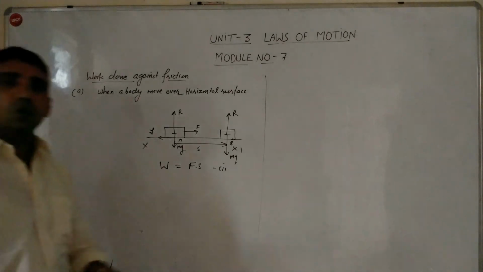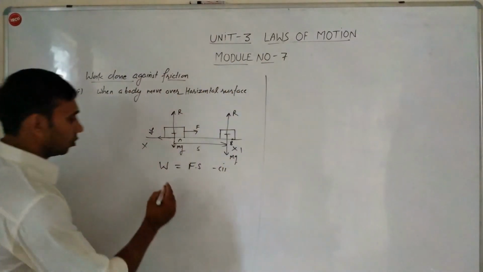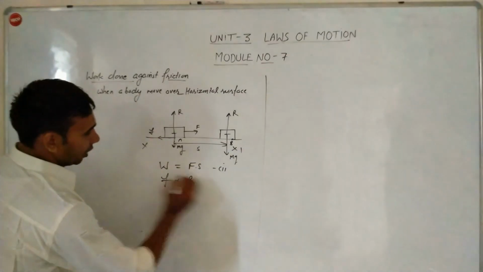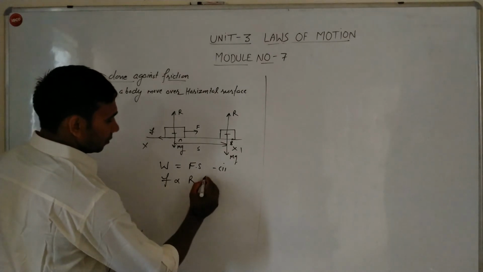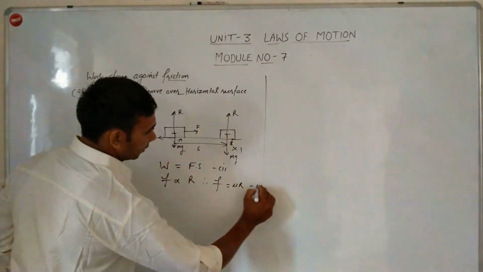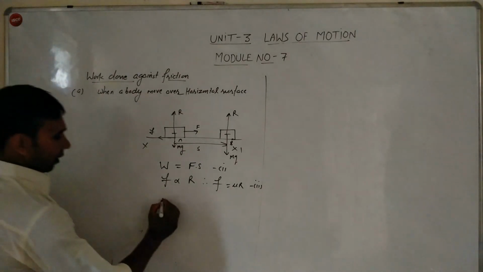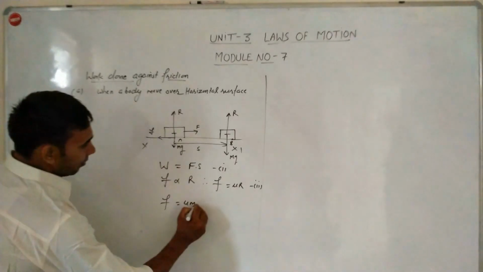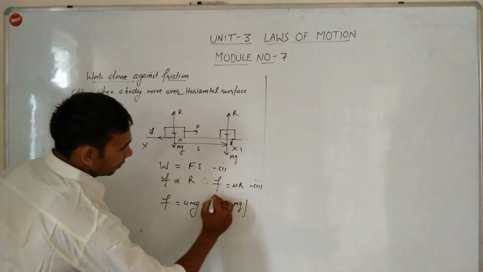But according to the laws of limiting friction, F is directly proportional to R. Therefore, F is equal to mu into R. This is equation 2. F is equal to mu mg, because R is equal to mg.